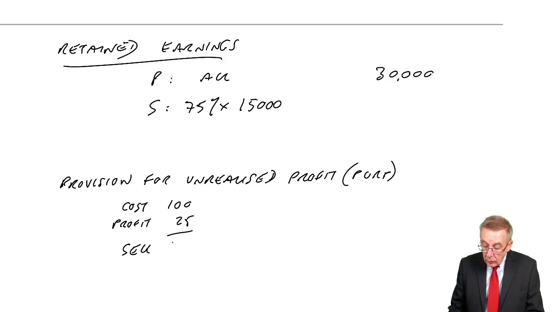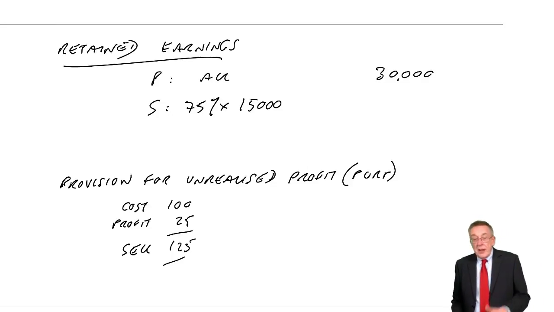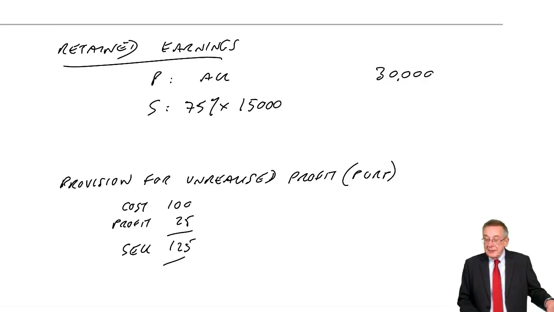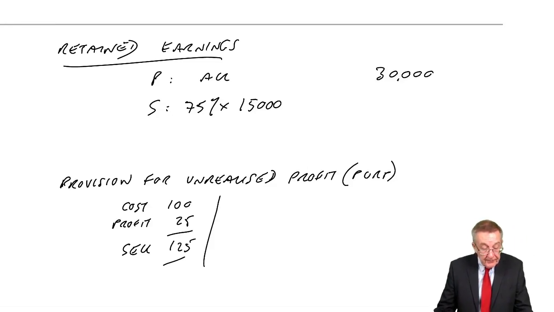They're selling at 125. So everything they've sold for 125, they make a profit of 25. Well, they had sold goods to P and left in inventory were all of them, 6,000.